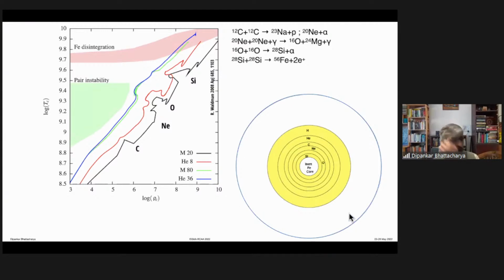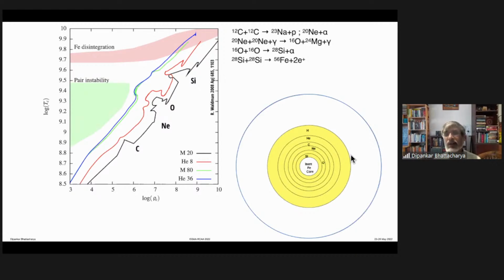So the core of the star has now this onion skin structure where you have shells upon shells upon shells upon shells doing various stages of burning.